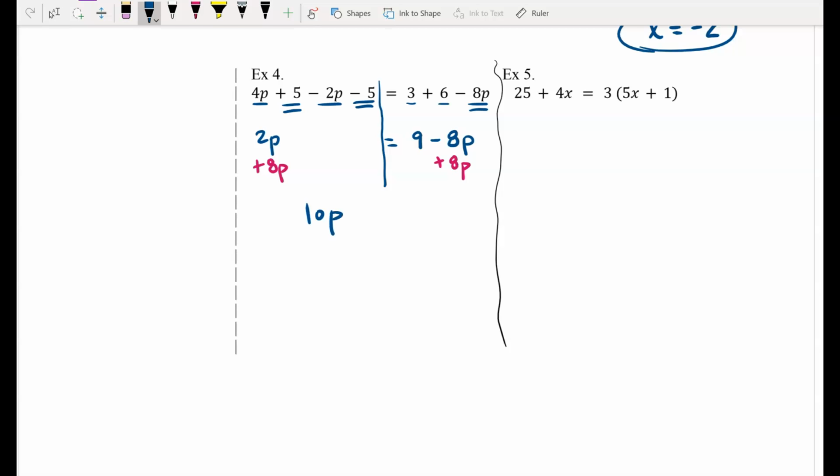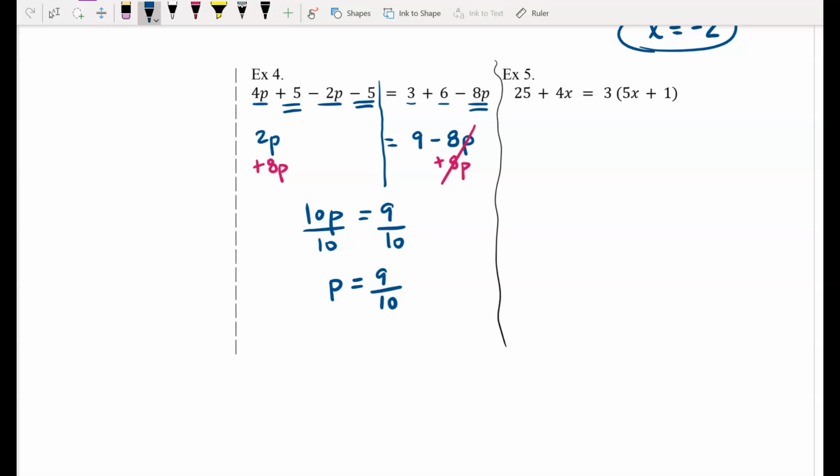Those are like terms on the left side. This zeroes out, and I'm just left with 9 on the other side. So I have 10 times p is equal to 9. I'm going to divide by 10 on both sides. So p is equal to 9 divided by 10. You can write that as a decimal, but you might as well just leave it as a fraction.